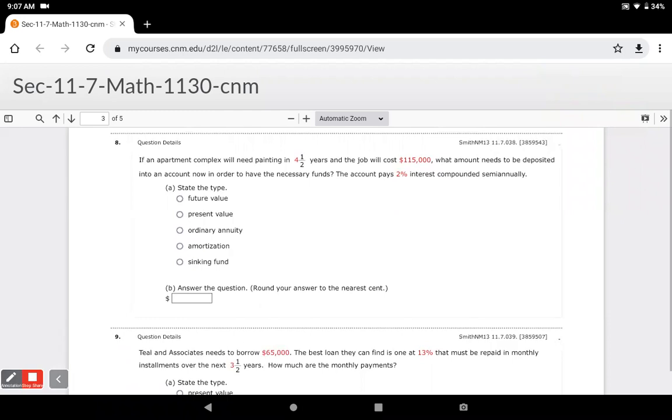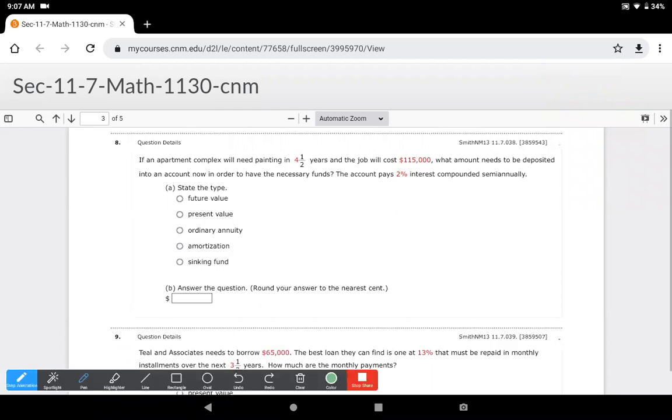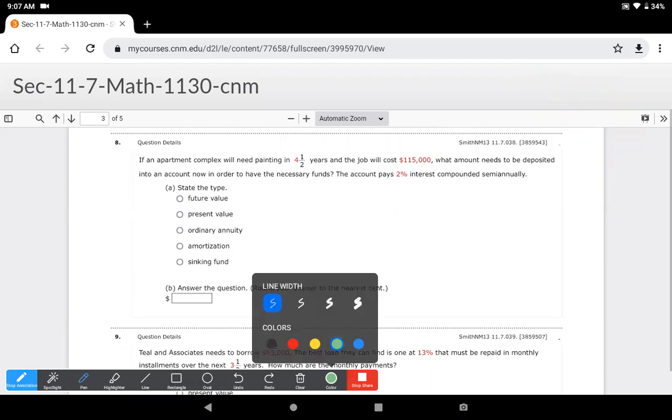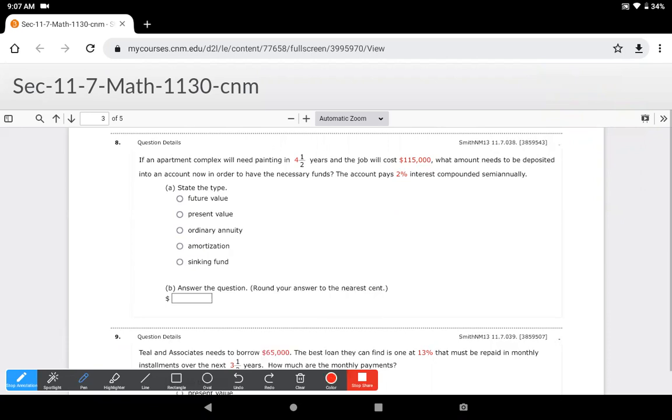Okay, let's take a look at 8. If an apartment complex will need painting in 4.5 years, and the job will cost $115,000.